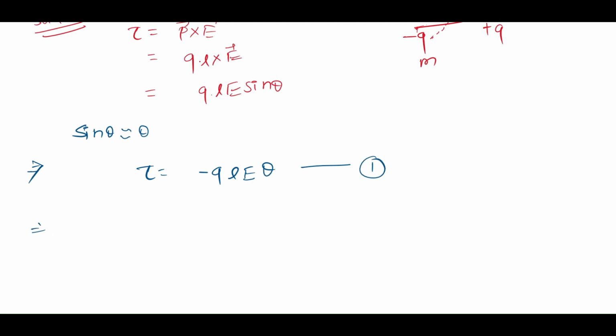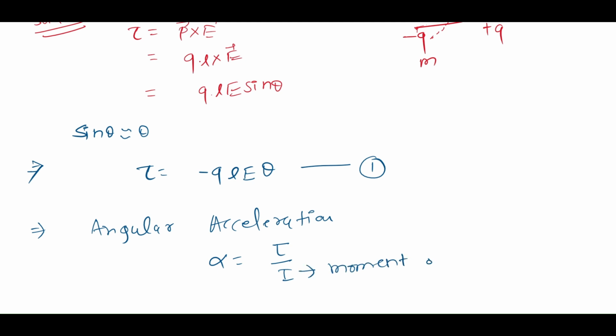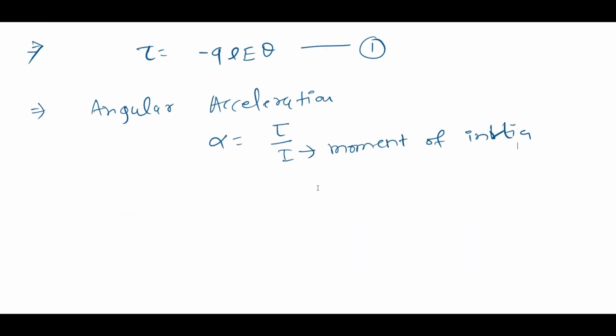Now we know that the angular acceleration alpha is equal to tau by I, where I is the moment of inertia. To find the angular acceleration, we have to find the moment of inertia of the system. The system looks like minus Q, a rod, and plus Q, and the masses of the two particles are m and m.